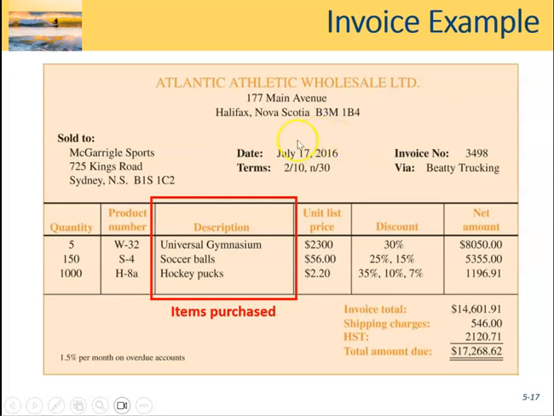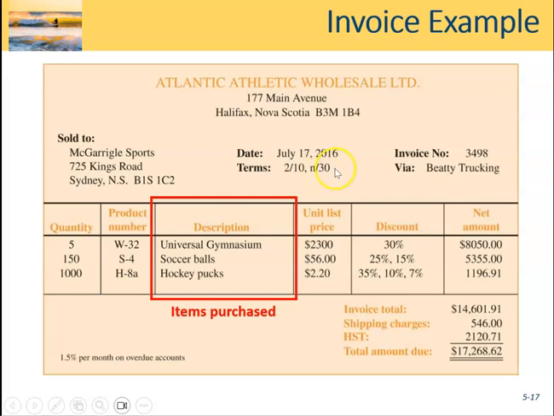Up here, we want to look. This is something you should be familiar with as well from accounting, financial accounting 1, and definitely financial accounting 2, is the 2/10 net 30. Okay, so net 30 is the vendor, supplier, telling the purchaser how many days they have to pay this invoice.